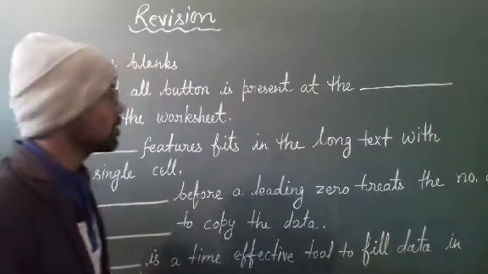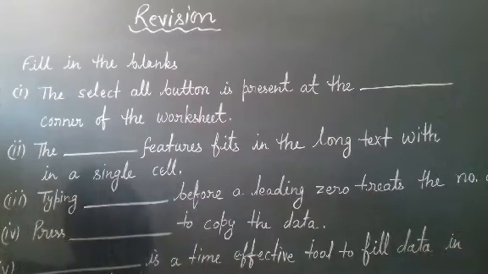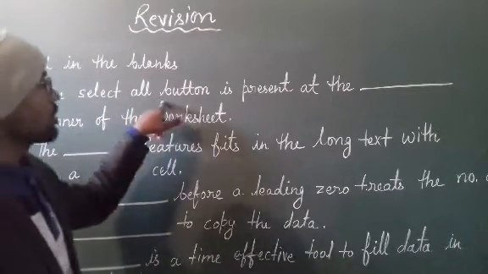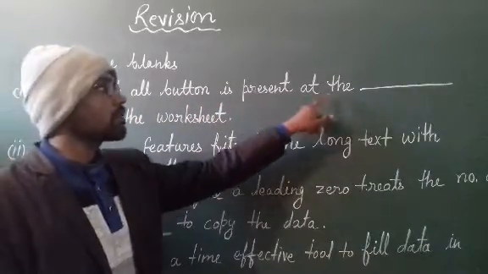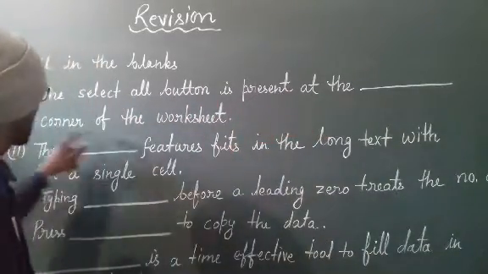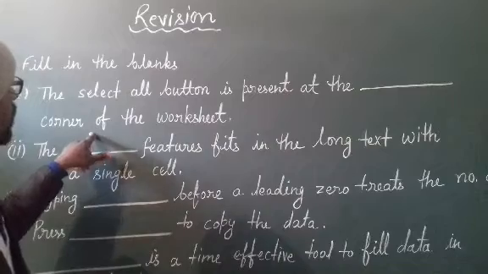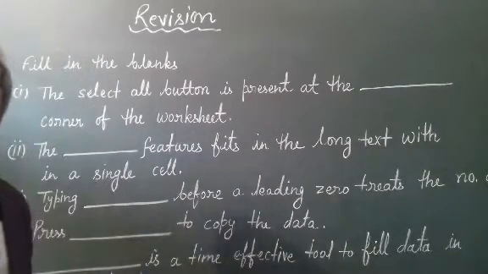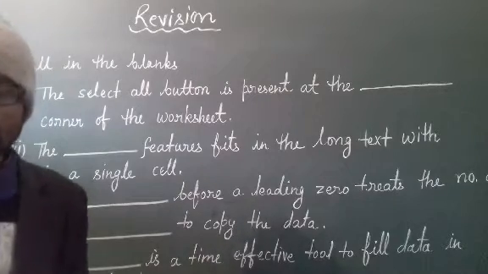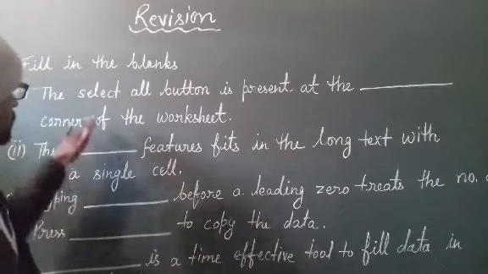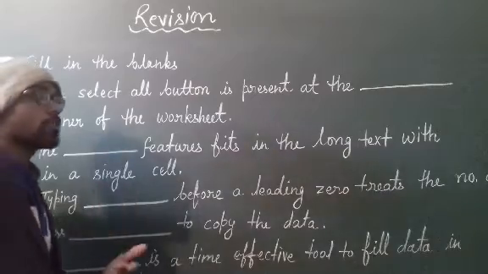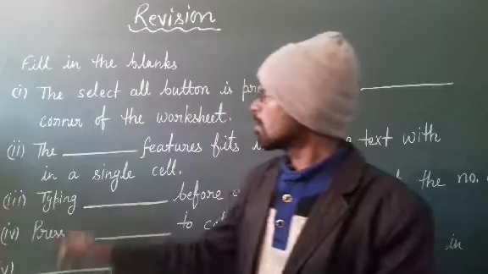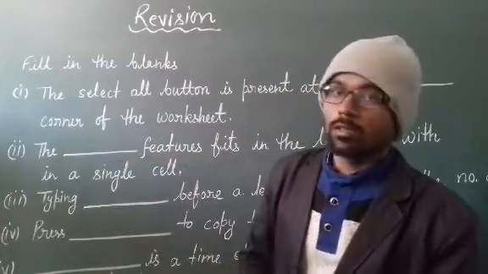So you can see, question number first is: the select all button is present at the dash corner of the worksheet. Students, the question is asking: the select all button is present at the dash corner of the worksheet.